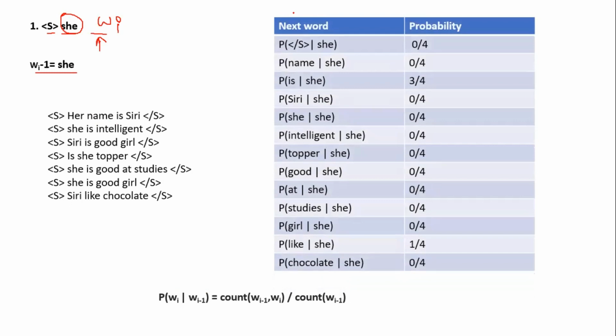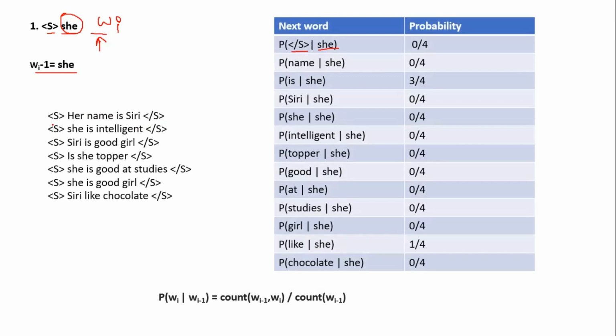Now, see this. Next word in probability. So first take all the words. Here I'm taking the next word as end of a sentence, and the previous word as she. Why not the start symbol here? Start indicates that's the first word in a sentence, right?